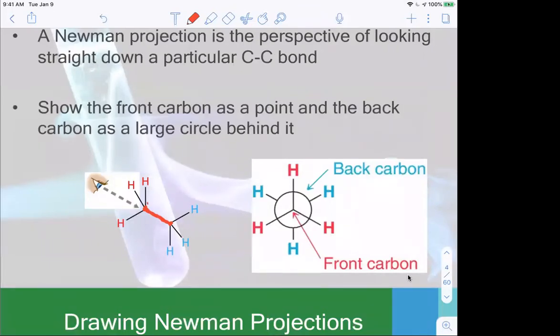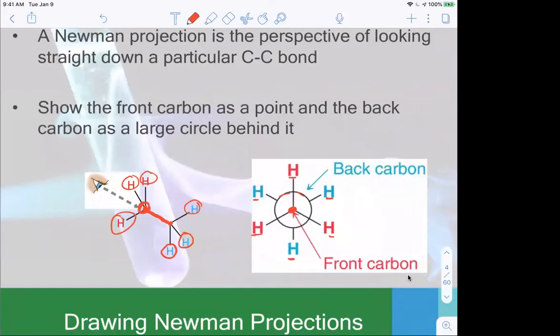My front carbon is going to be my perspective right here. Then I have this circle, and directly behind my front carbon, I have my back carbon. The blue hydrogens are the hydrogens on the back carbon, and the red hydrogens are the hydrogens on the front carbon.